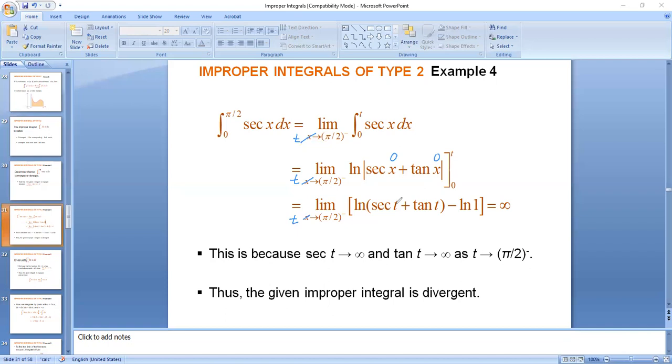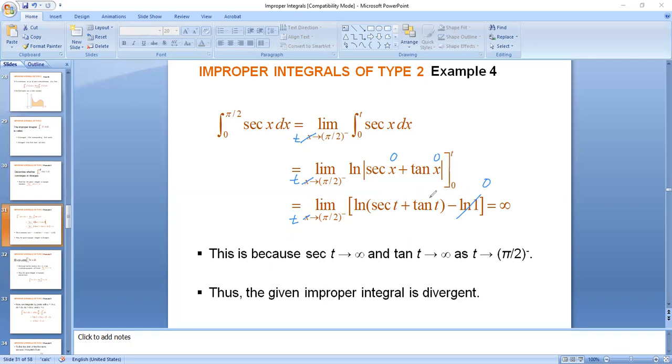So if you substitute 90 here, your answer will depend on the ln of secant 90 degrees plus tangent of 90 degrees.